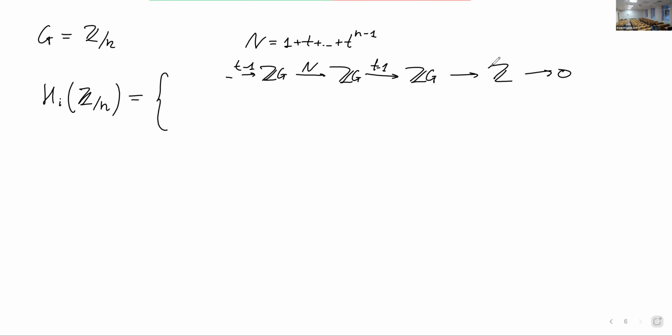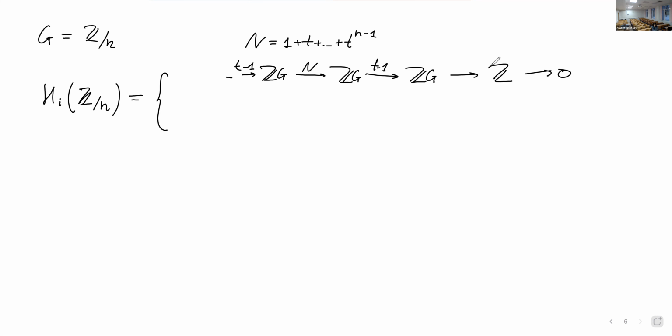And what is small n? There's a small n in the definition of the capital N; it's the order of the group. What happens if you multiply T minus 1 by N? It should be 0. Yes, that's exactly what we want. It's a sanity check.